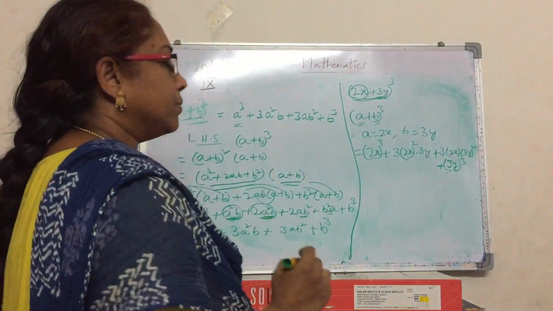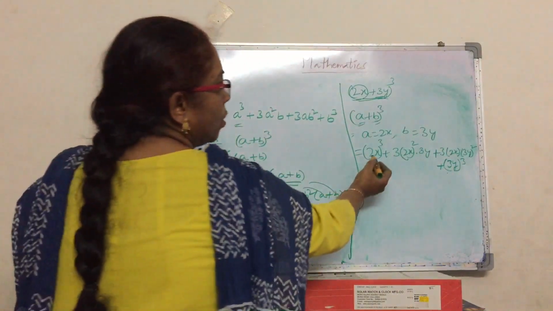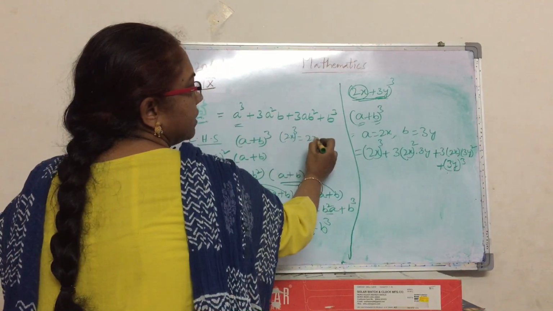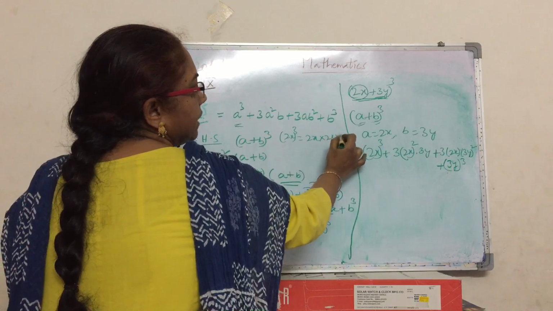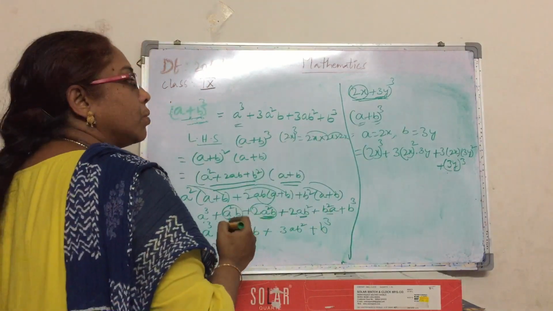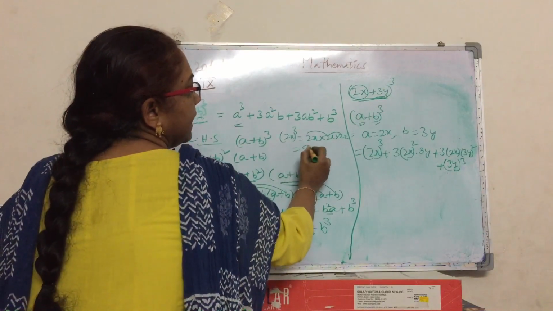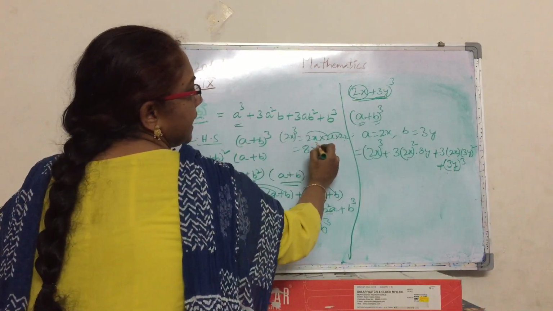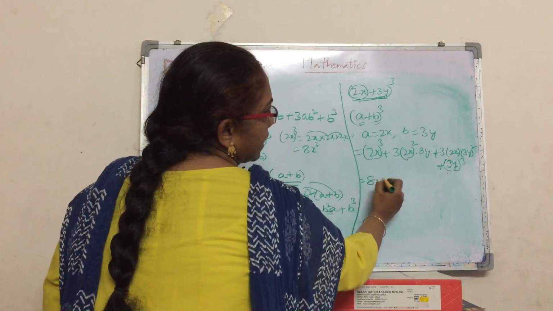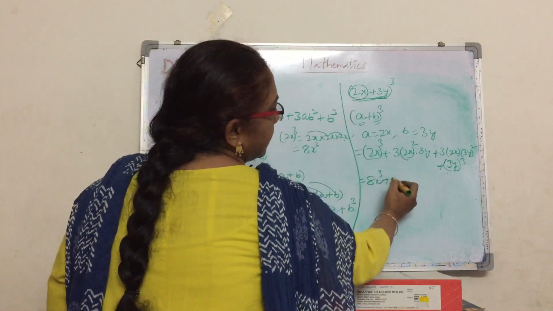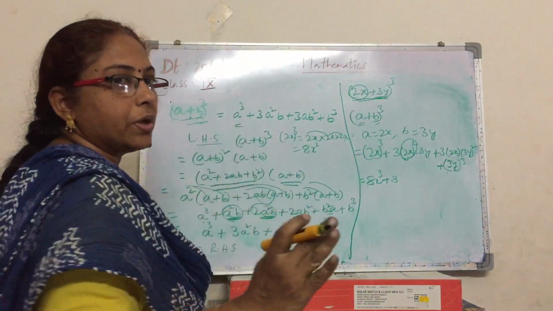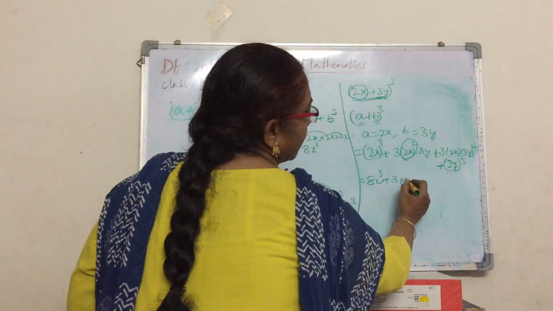Okay. Now expand this. 2x whole cube is nothing but what? How many times we have to expand? 3 times. Expand 3 times and multiply. Here the numbers, if you multiply, how much you will get? 2 into 2 into 2, it is 8. X, it is x cube. So this is 2x whole cube is nothing but 8x cube plus, here see 3, here 2x square is nothing but 2x into 2x, it is 4x square.